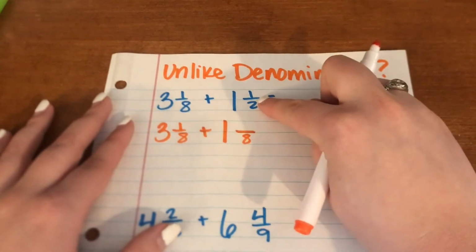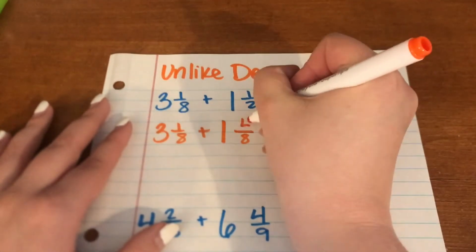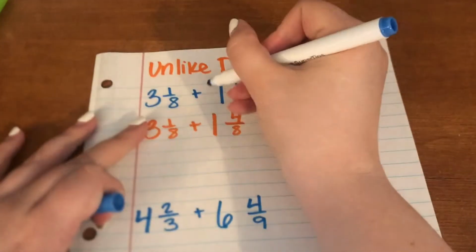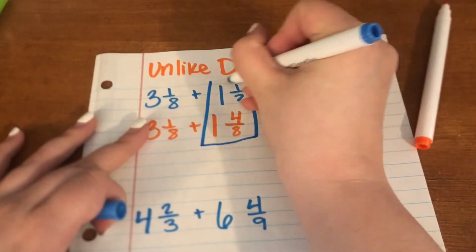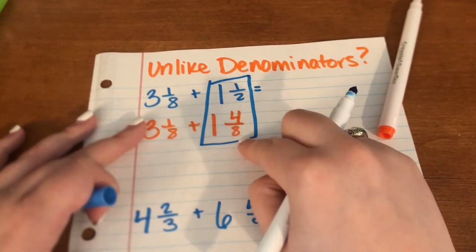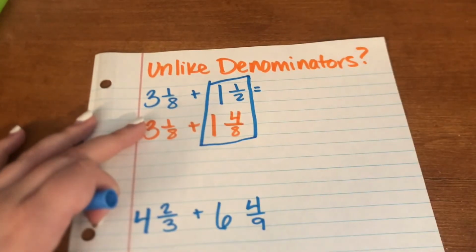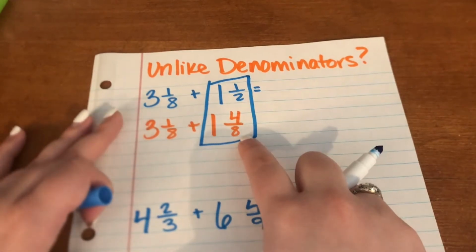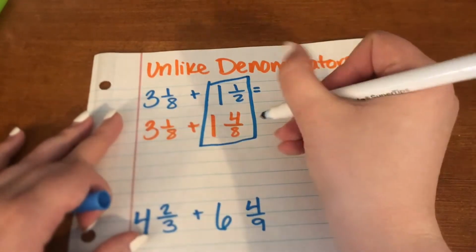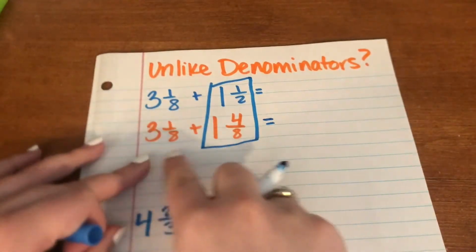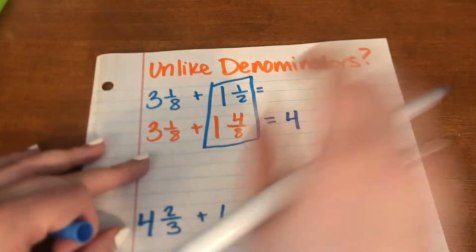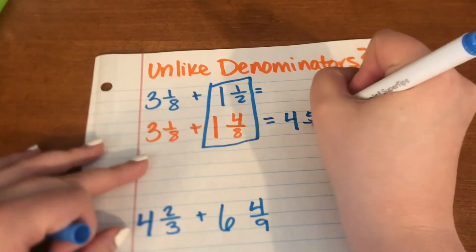Well, to be equivalent to 1/2, I know that would be 4/8. So all I did was change this mixed number to an equivalent fraction. I haven't changed the value of the fraction, I just changed the amount of parts in the denominator so that it was an easy number for me to add. So now I can add 3 plus 1 is 4, and 1/8 plus 4/8 would be 5/8.